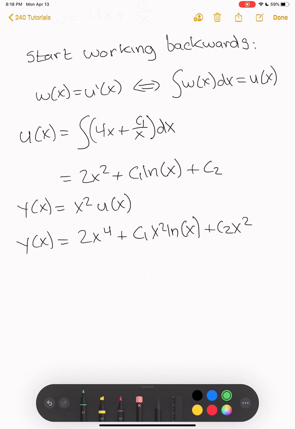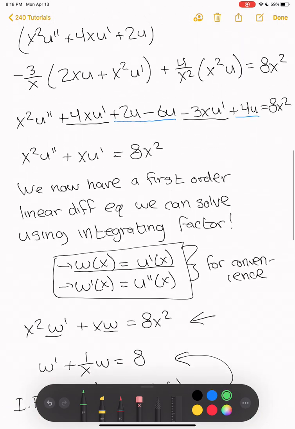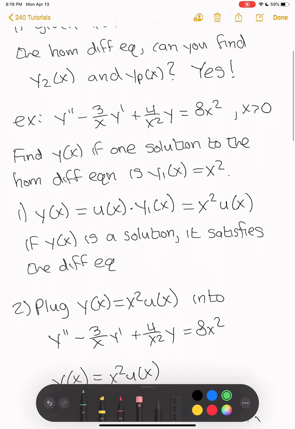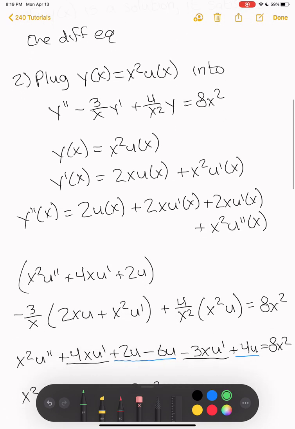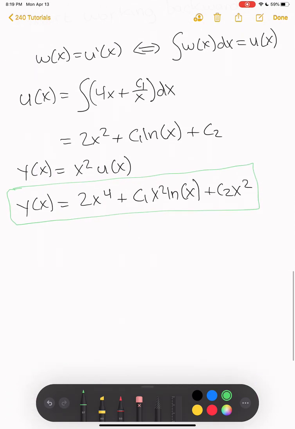And believe it or not, we're done. This is our general solution to the differential equation they gave us. So if you go all the way back up, this was our solution, a pretty nasty equation, honestly. And we were able to solve it using reduction of order, and actually in a pretty simple process.